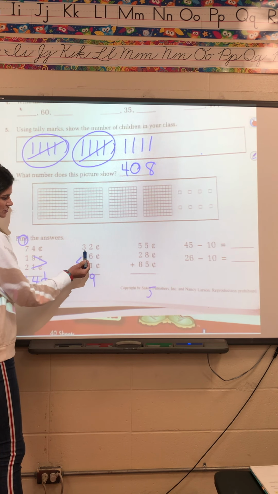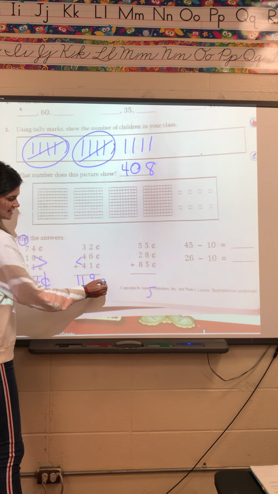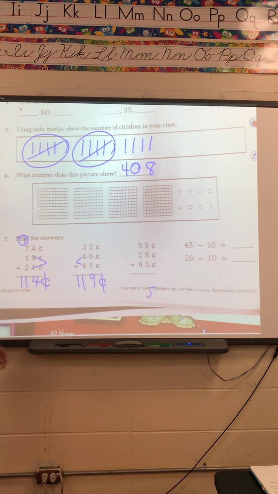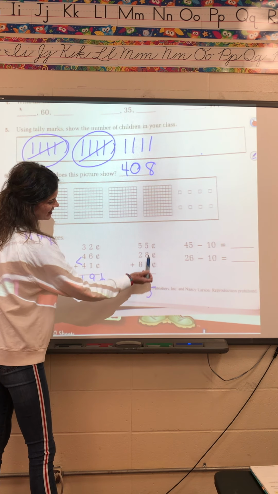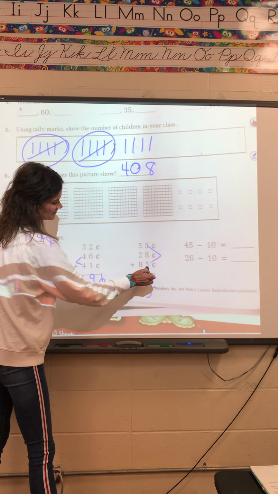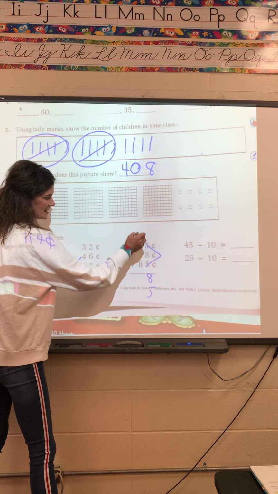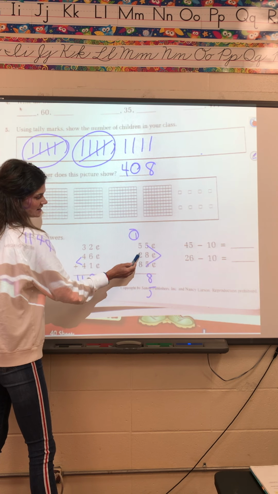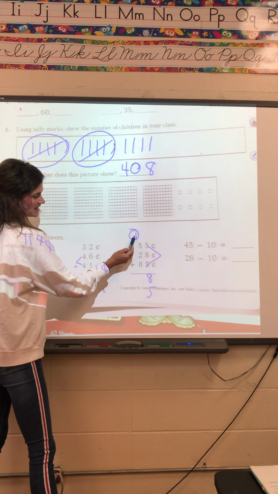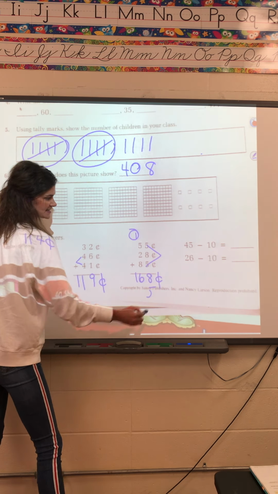That's a double. Plus 3 more is 9, 10, 11. So here we have 119 cents. Don't forget your cent sign. Here we have 5, and I know that 5 and 5 is 10. So 10 and 8 is 18. Put down my 8. Carry my 1. 8 and 2 is 10. Plus 5 is 15. Plus 1 more is 16. 168 cents.